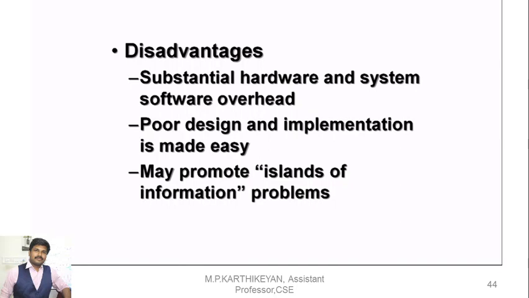In this state, if you are not manipulating it properly, then island of information is possible. That is what they are trying to say. If you leave one or two tables behind, then it will create island of information problems. This is one of the disadvantages of RDBMS.